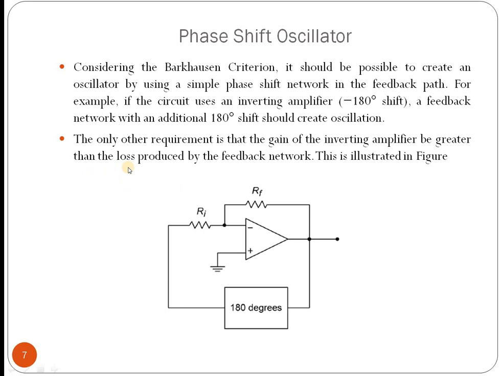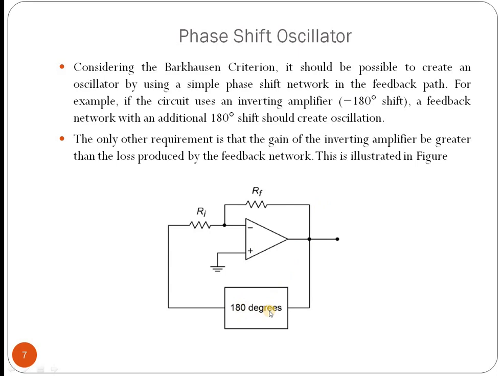Phase shift oscillators. Considering the Barkhausen criterion, it should be possible to create an oscillator by just using a phase shift network in the feedback path. For example, this is the circuit, and you can see that the first part is an inverting amplifier, and that will create a 180 degree phase shift, minus 180 degrees.